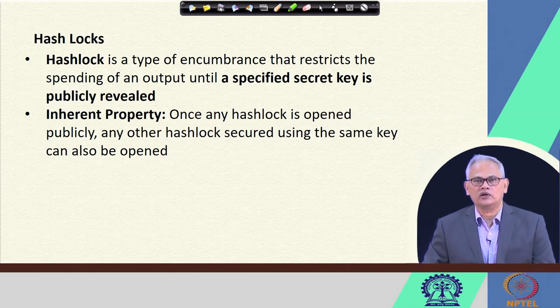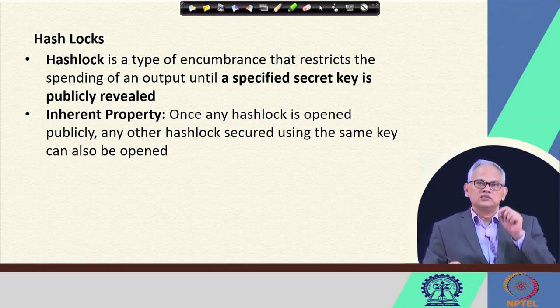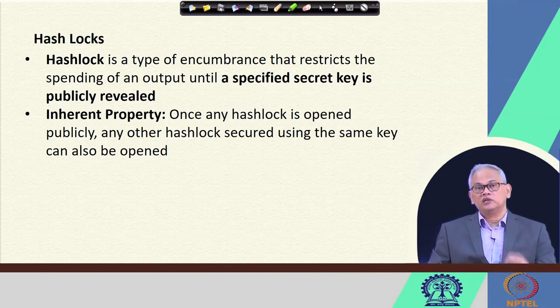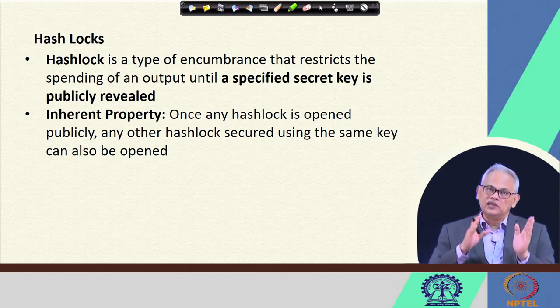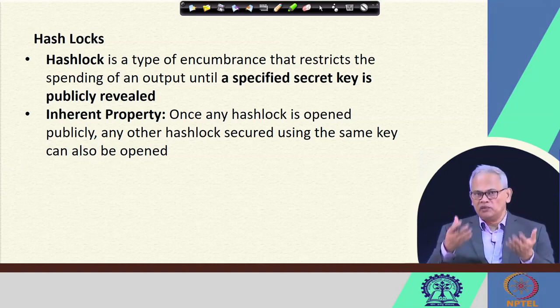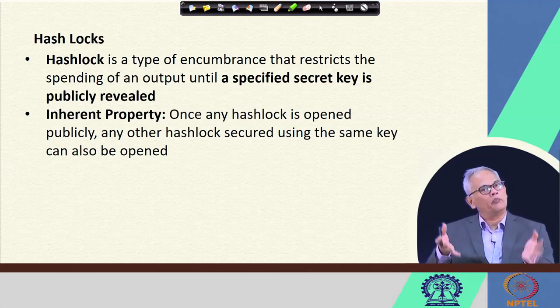What is very important, and that is the foundation for cross-chain atomic swaps, is this inherent property: once any hash lock is opened publicly, that means the pre-image of that hash is revealed, any other transactions which also use the same hash lock, that means the same value of the hash of the pre-image, will now all be opened.